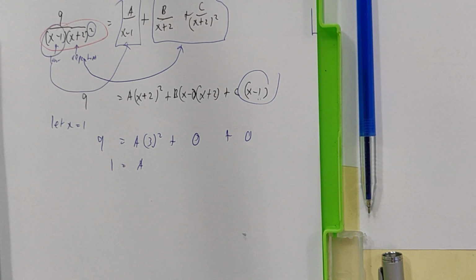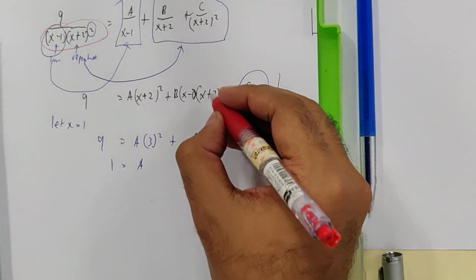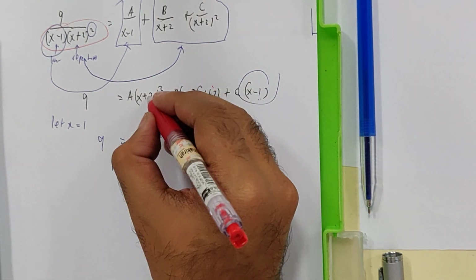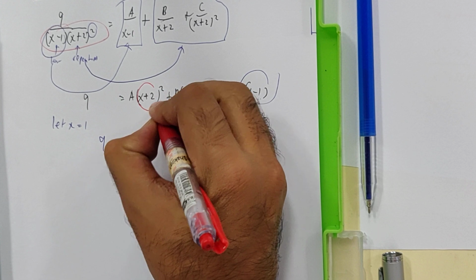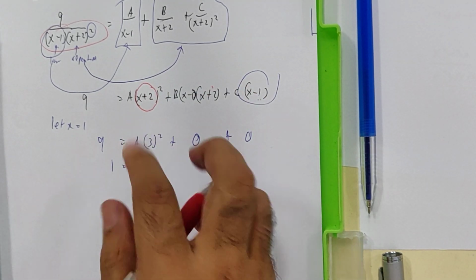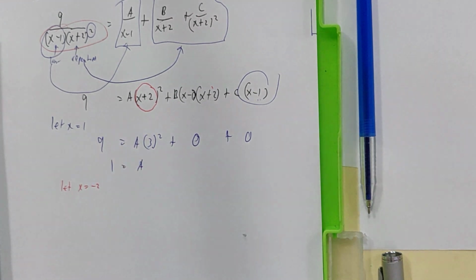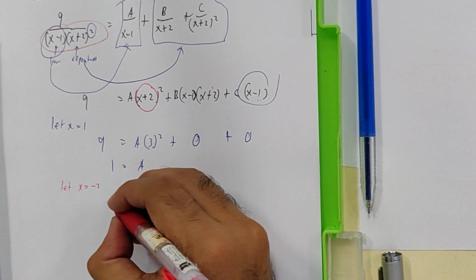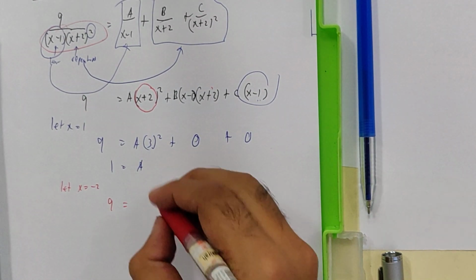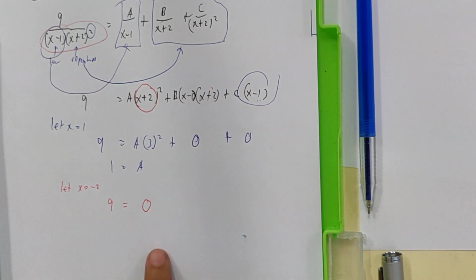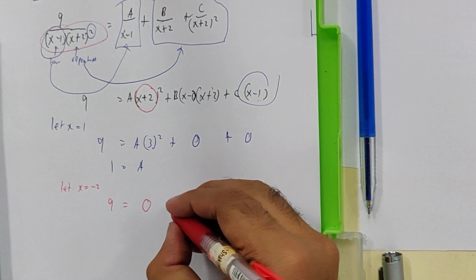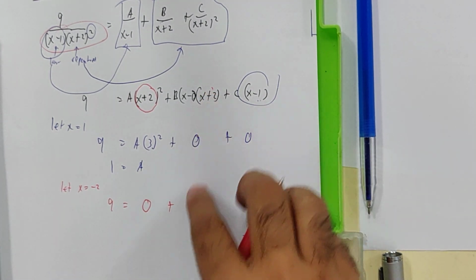Okay, another part. What else can we make things become 0? Next one is this. Okay? So let x equal negative 2. So 9 equals 0. Are you okay? Now this one becomes 0 as well.